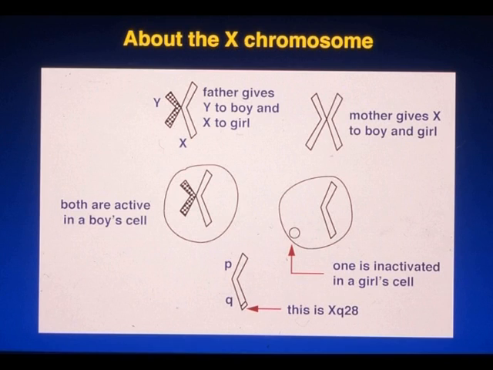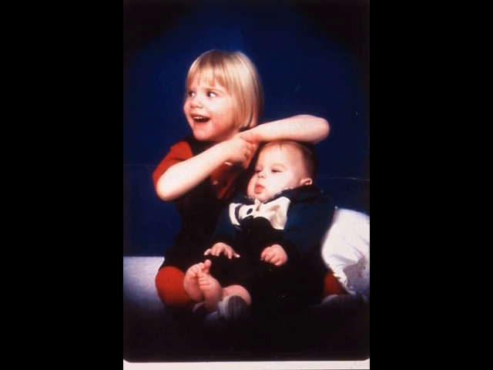Rarely, a mutation arises after the embryo has begun to develop, when it affects only a portion of cells, and the severity is less. This young woman has very mild Rett, as almost all her cells are using the normal X. However, because she does carry the gene with the mutation at one of her X chromosomes, she may still transmit the mutation to her offspring with a 50% risk to any child.